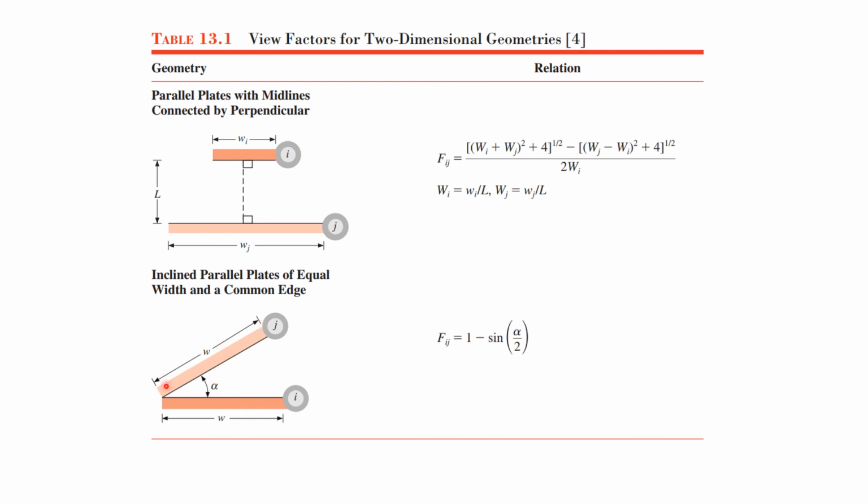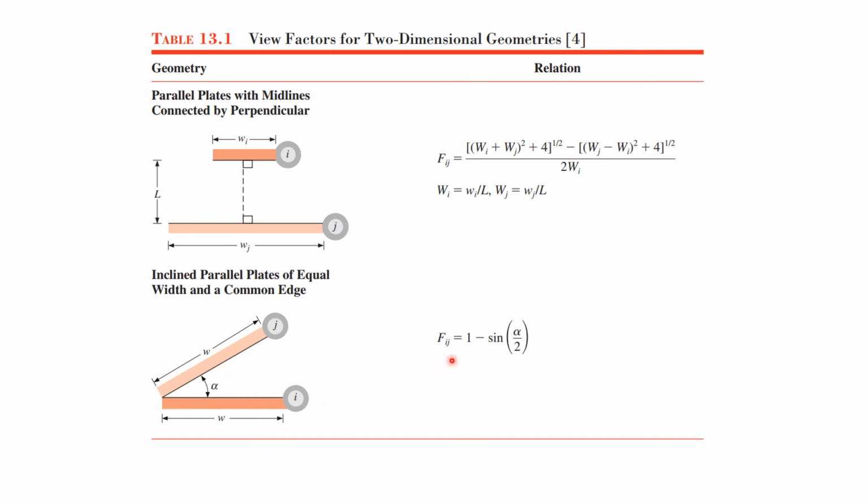But in case of this scenario where you have two equal plates at an angle from each other, these plates are still parallel, and by parallel they mean that they run infinitely into the page or out of the page. So they are infinitely long plates, but they are at an angle alpha from each other.